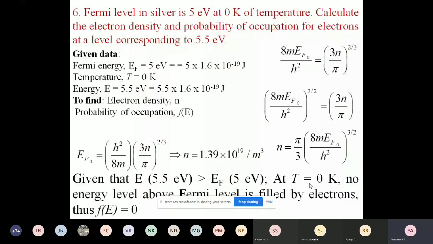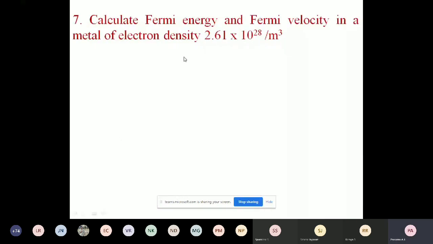And all energy levels below the Fermi level are completely filled by electrons. Therefore, just with this idea that if 5.5 electron volt is higher than 5 electron volt, you can say that no energy level above Fermi level is filled by electrons. That means probability of occupation of an energy level above Fermi level is 0. Therefore, F of E is said to be 0. This is the answer for this.